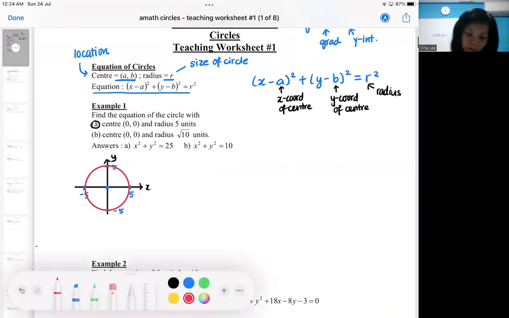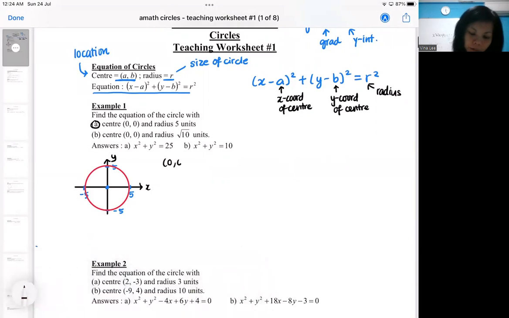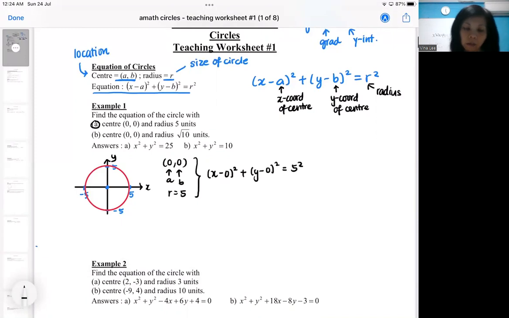Okay, then how are you going to get the equation? If you look, this is a, this is b, and the radius is 5. So you put it inside your format. Nothing special.